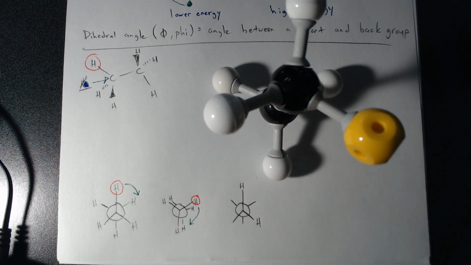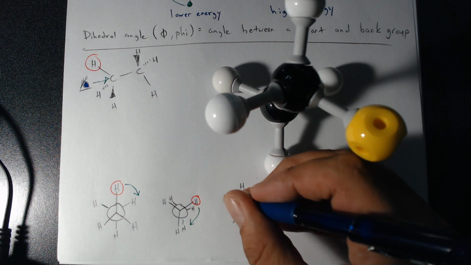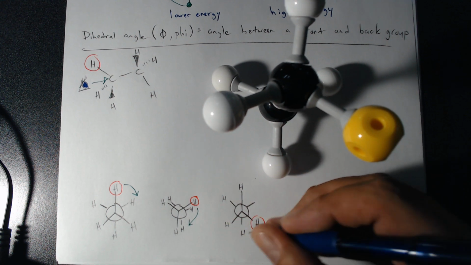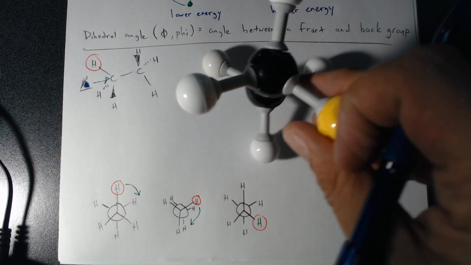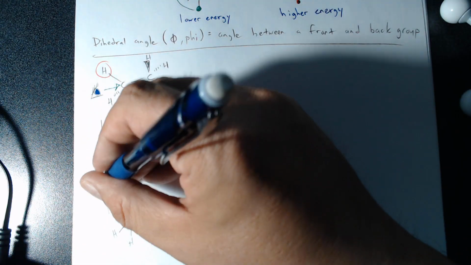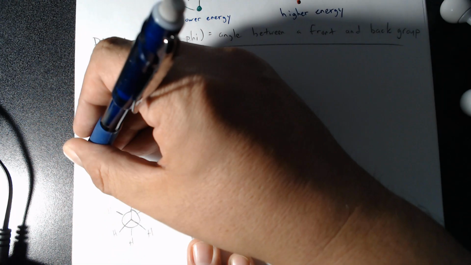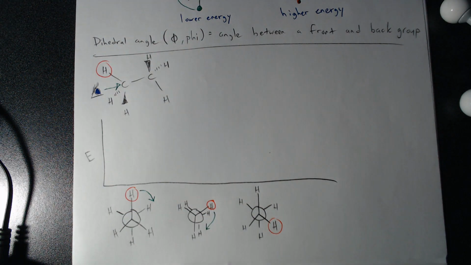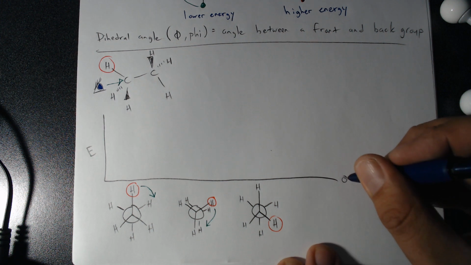So it's here, and I want to circle it. Then the H is H, H, H. If we take a look at the energetics of this, here we have energy, and on the x-axis you would have the dihedral angle, phi.